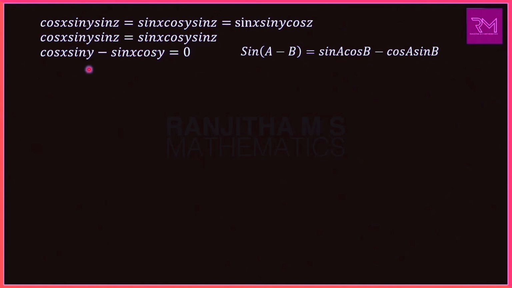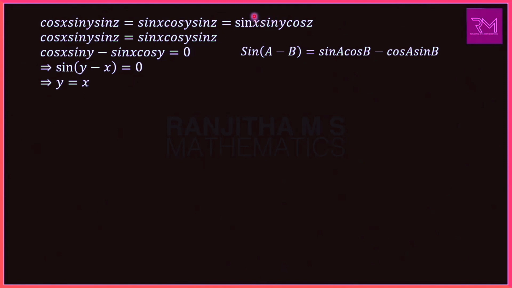Here also the same form, sin a cos b minus cos a sin b. Here a is y and b is x, hence we can write it as sin of y minus x equal to 0, which implies y minus x is equal to sin inverse 0. We know that sin value becomes 0 at 0 degrees. Hence we get y minus x is equal to 0, hence y is equal to x.